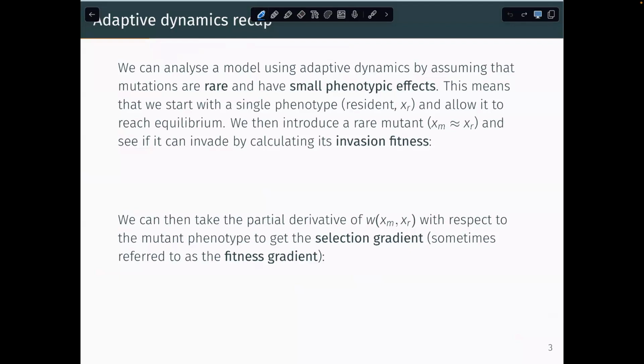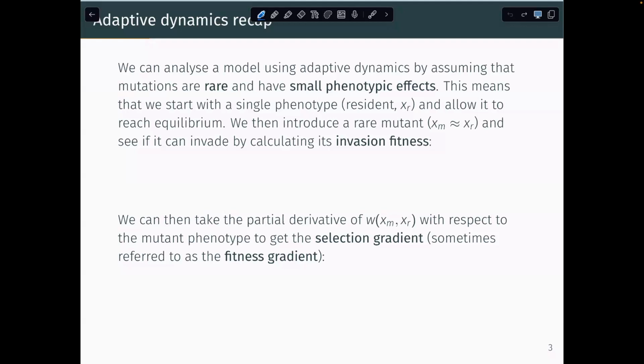And with this trait value, we're assuming essentially that there are lots and lots of genetic loci that make up this trait, and each of those loci has a small additive effect. So when we have a mutation, you can think of that as an allele flipping, but it only has a very small effect. We are going to assume that those mutations are very rare. That allows us to have this separation between ecological and evolutionary timescales, and that simplifies the analysis quite a lot. And we're going to assume, like I said, that the mutant is very similar phenotypically to our resident, so we can basically treat things as being continuous.